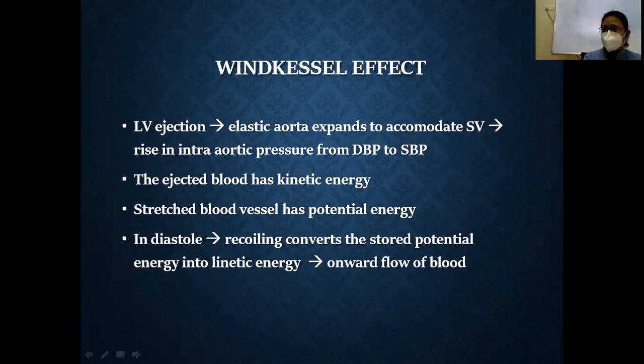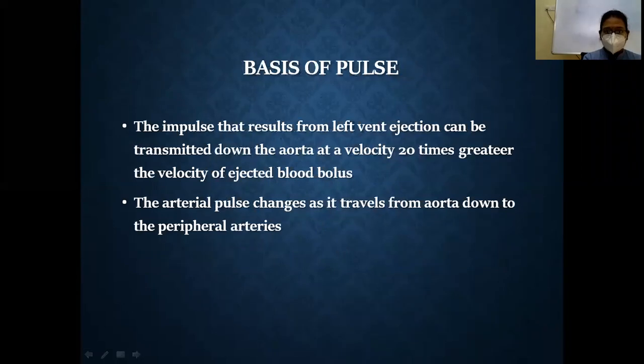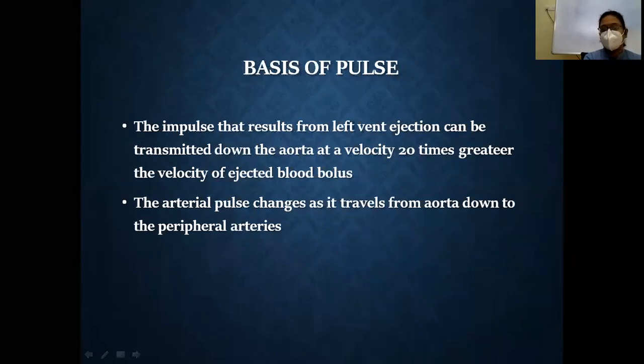It can be a short note, and it is one of the most common questions asked during vivas also. Like, can you explain the phenomenon of forward flow of blood into the arterial system? Remember, the answer is the Windkessel effect. This is the basis of pulse.